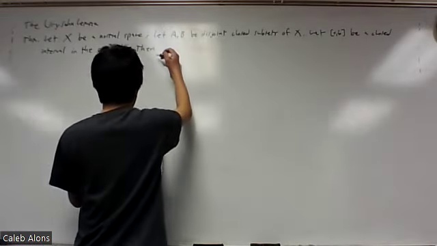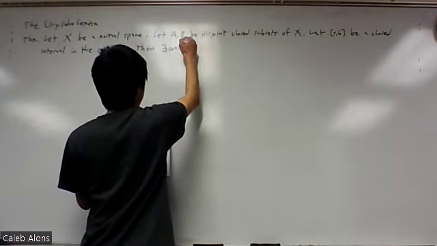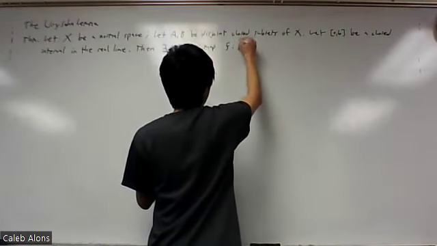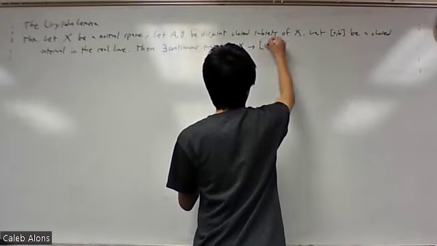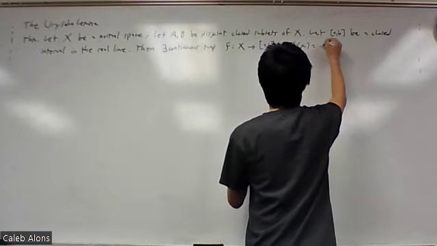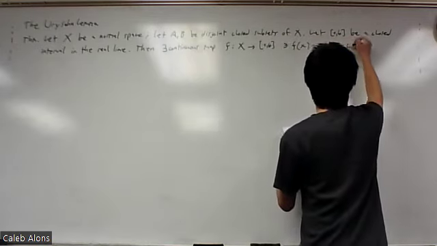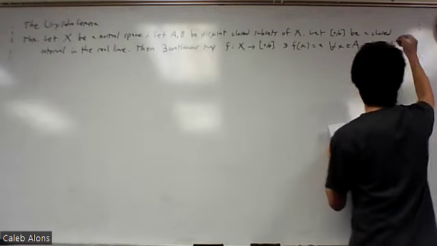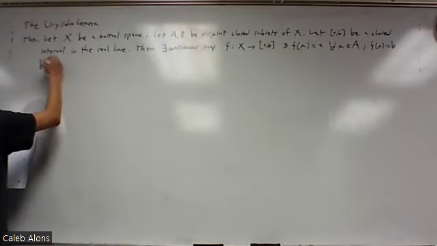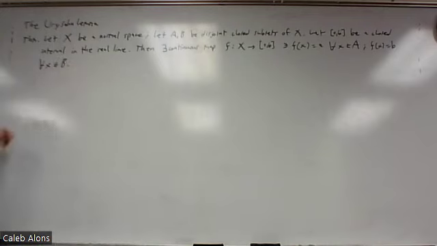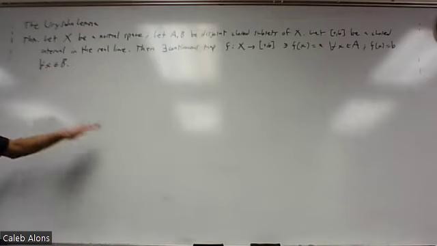Then there exists a continuous map, a continuous map that's going to take my space X into the closed interval such that f of x will return a for all points x that are in A, and f of x will return b for all points x that are in B. And if we're able to show this, what we're concluding is basically the existence of a separation function.